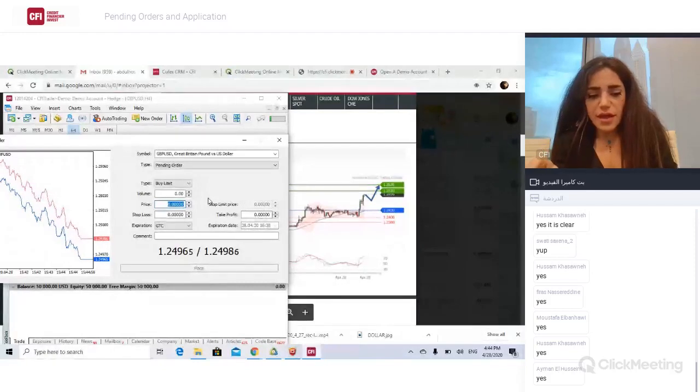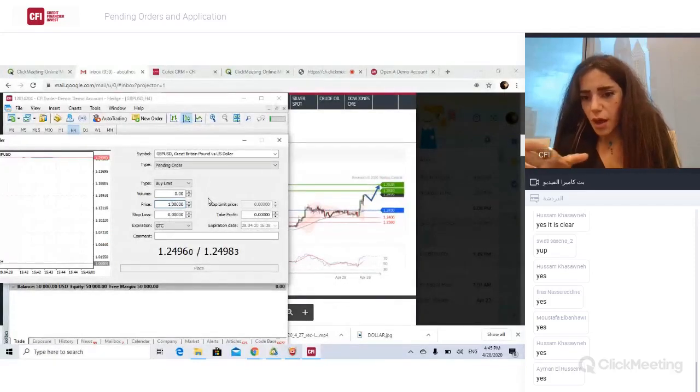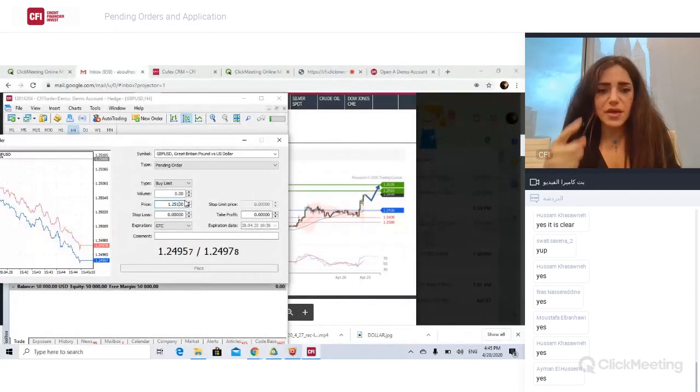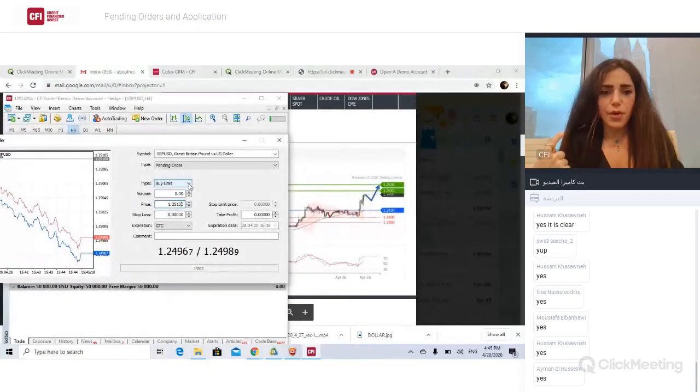The chart is saying that the price is going up, 1.2510, because that's the first resistance level in front of the prices moving up.